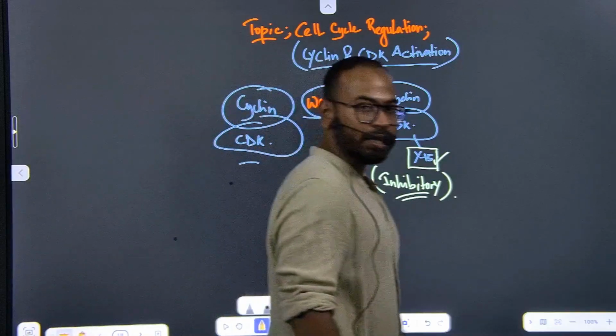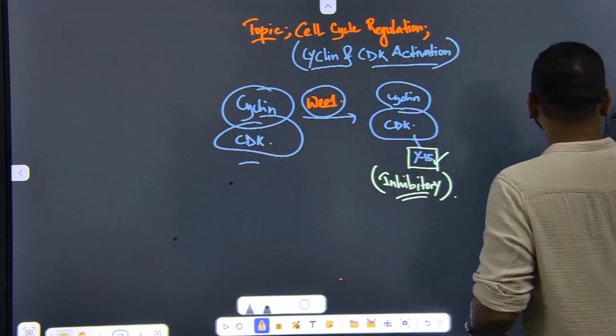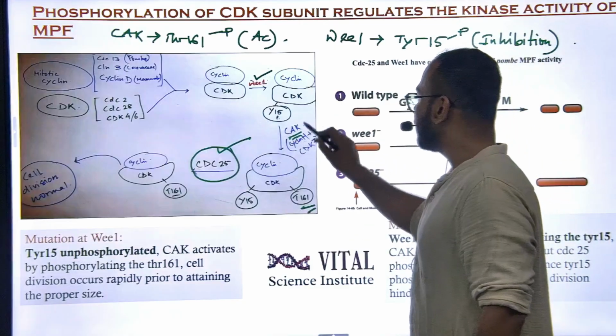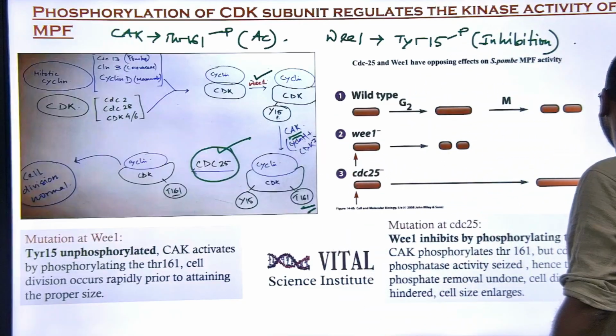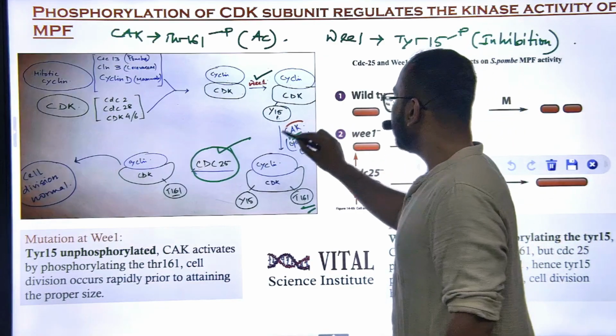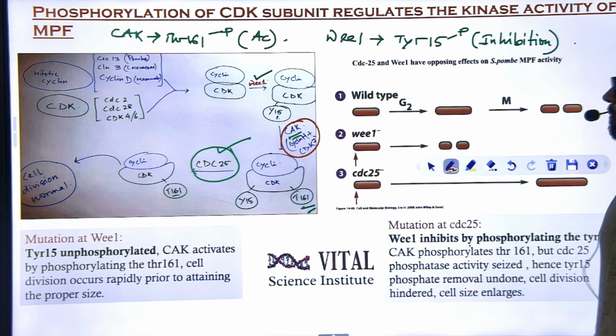So what can be done in order to overcome this kind of issue? Then comes the function of CAK, cyclin activating kinase.